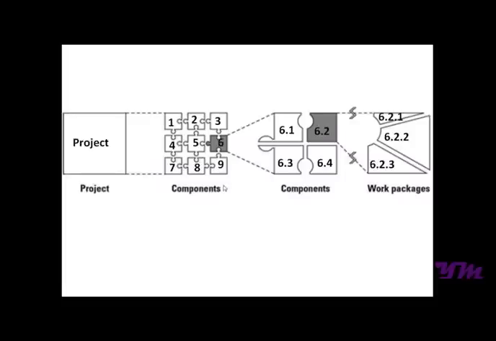So if the project is defined and named as project having components 1, 2, 3, 4, 5, 6, 7, 8 and 9, and if you look at this further, component 6 has 4 subcomponents, 6.1, 6.2, 6.3 and 6.4, and this component 6.2 is divided into 3 work packages, 6.2.1, 6.2.2, 6.2.3. So this is basically the structure of WBS, that is work breakdown structure.